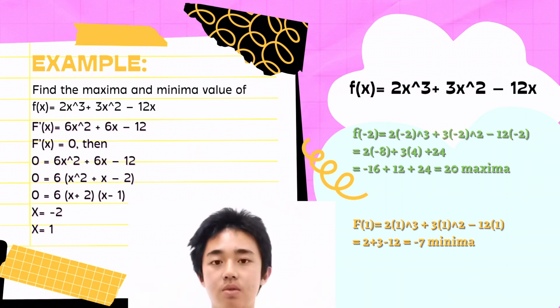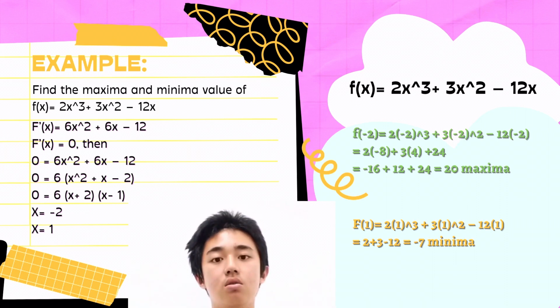So 3 times 2 is 6, and then 3 minus 1 is 2. That gives us 6x squared plus 6x, because 2 times 3 is 6, and then 2 minus 1 is 1, and we don't write the power 1, so it's 6x.